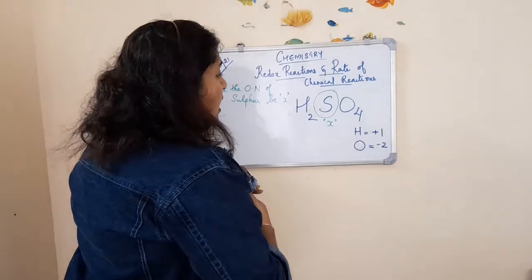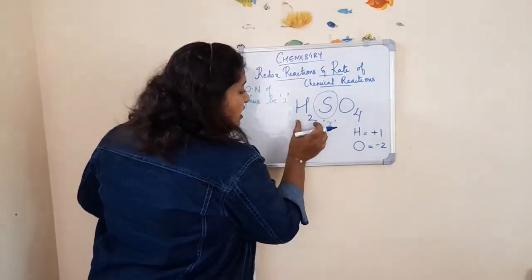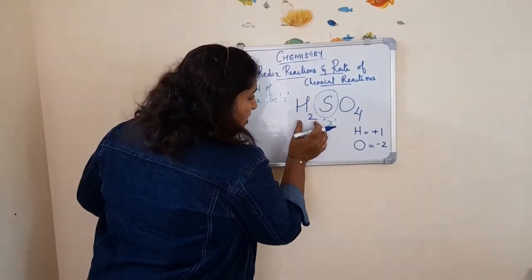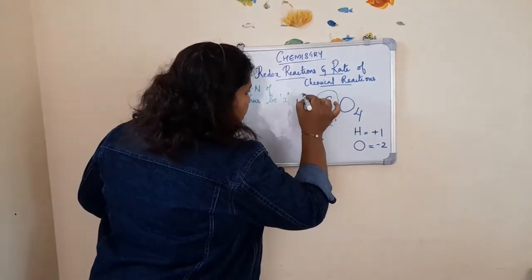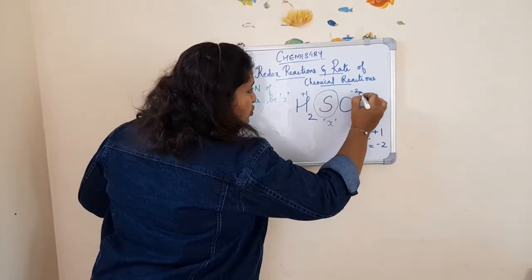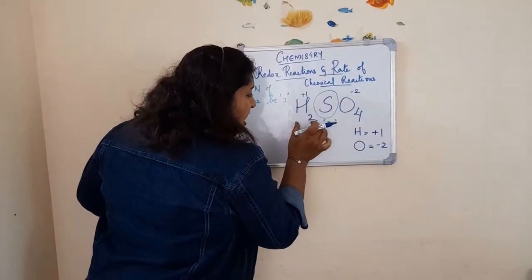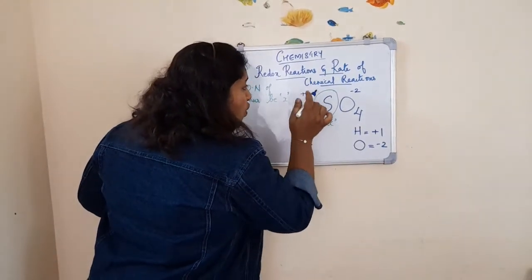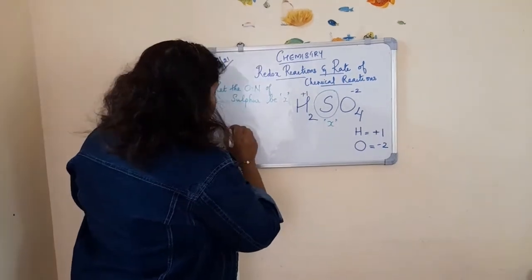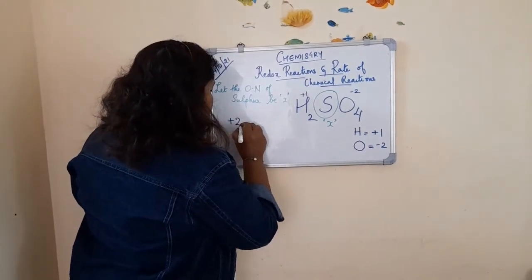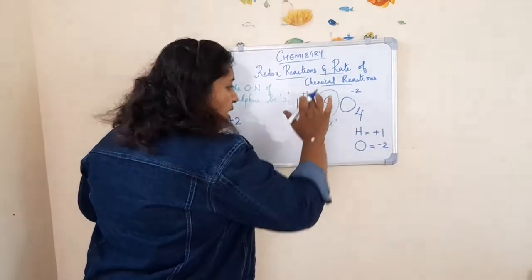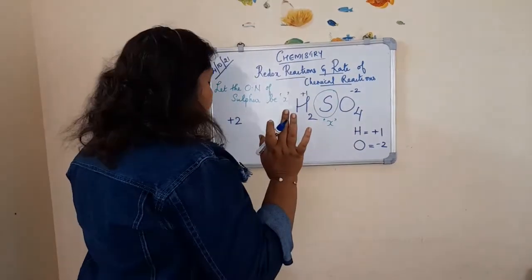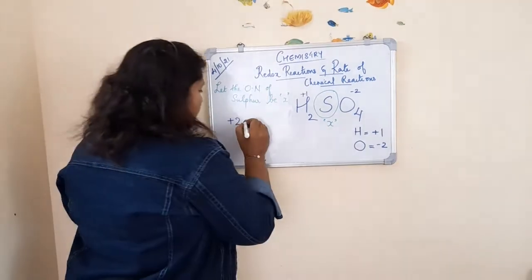Next one. Here, how many hydrogen atoms are here? 2 hydrogen atoms are here. What is the charge here? Plus 1, isn't it? Plus 1 and minus 2. Since there are 2 hydrogen atoms, the whole charge of hydrogen will be plus 2. That is plus 1 into 2, that is plus 2.